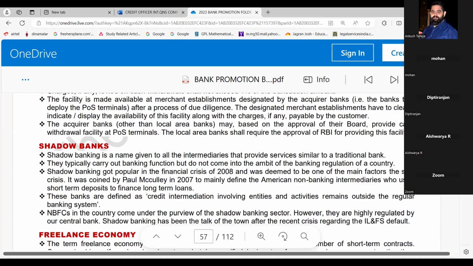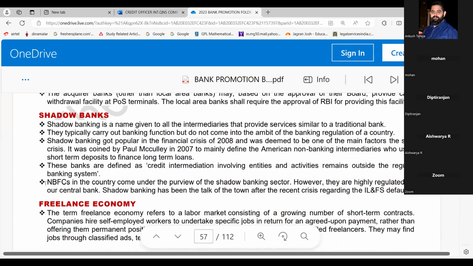It was coined by Paul McCulley in 2007 to mainly define American non-banking intermediaries. These banks are defined as credit intermediation involving entities and activities that remain outside the regular banking system.